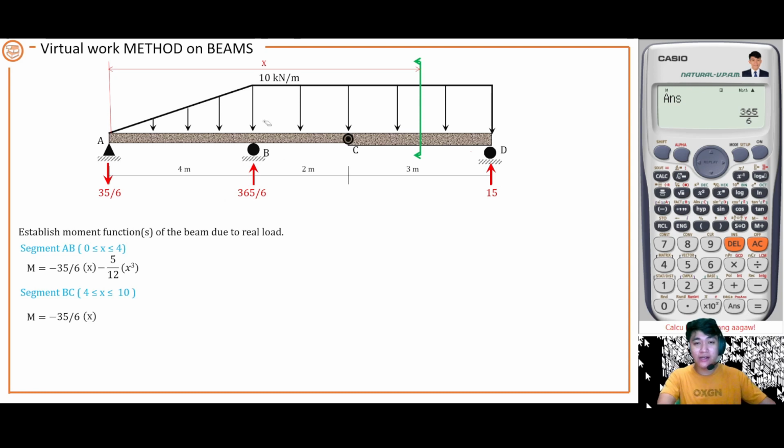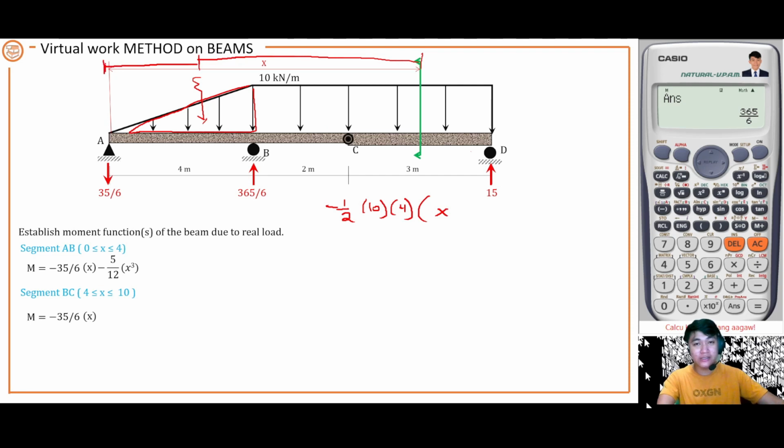So we have a triangular load, this triangle. So the resultant is negative counterclockwise about the cutting section, negative 1/2. Height is 10, base is 4, and then what will be the distance of the resultant load? It should be x minus this distance.